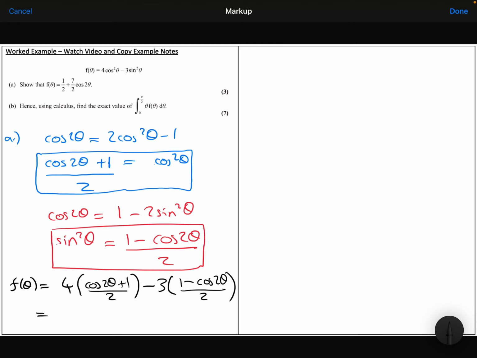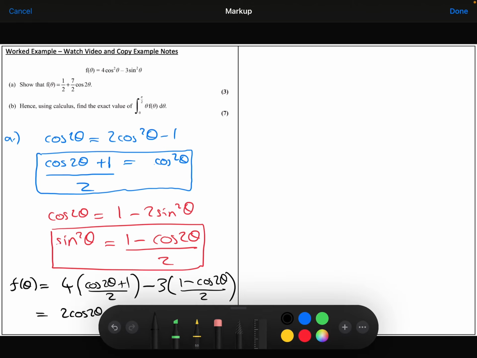If I now expand those brackets, I will get 4 times cos 2 theta plus 1 over 2, so that's going to be the same as 2 cos 2 theta plus 2, because basically the 2's cancel out, and then I just times through by 2.